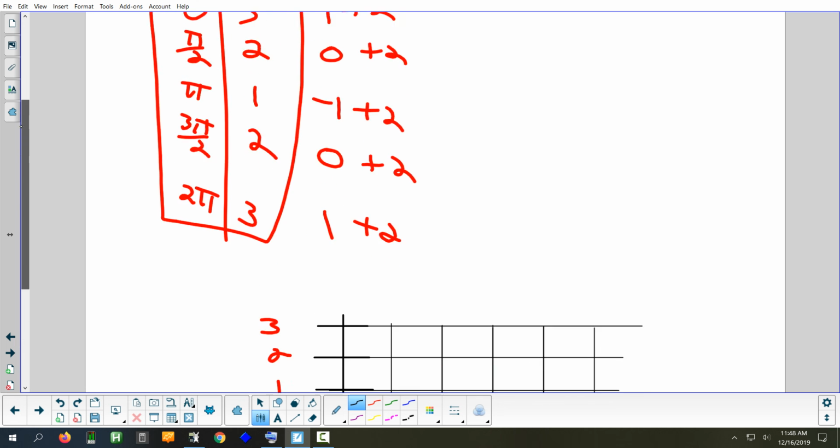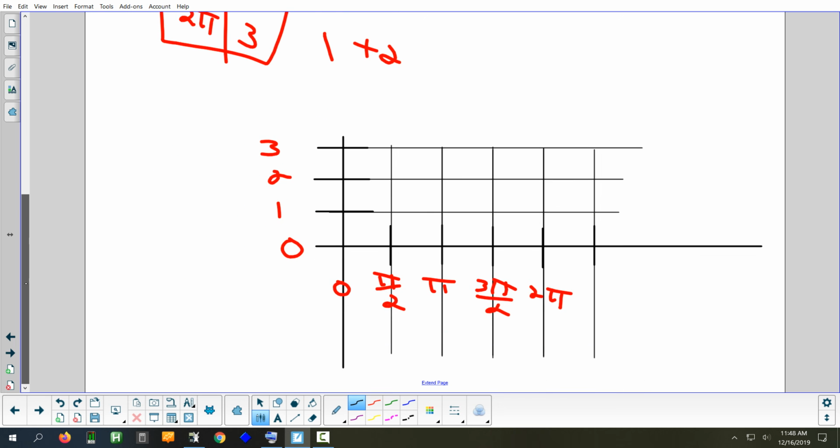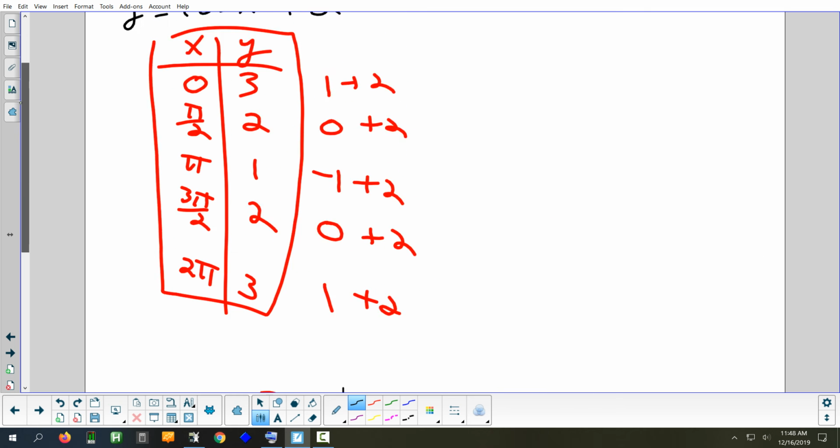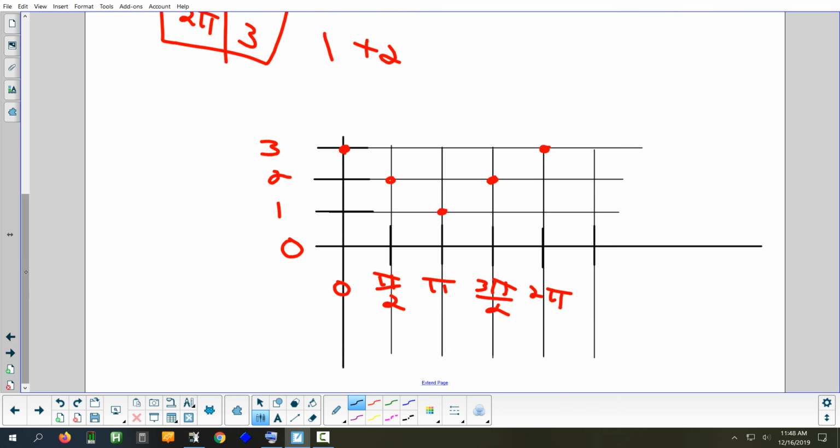And now, what's the y column? 3, 2, 1, 2, 3. There we go. So that's going to be a cosine function shifted up 2. Any questions on the graph there?